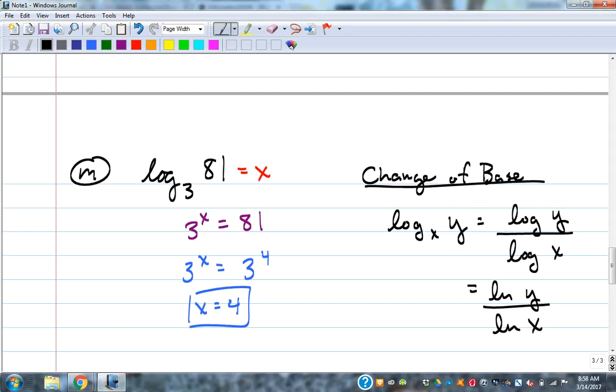At one point, we had calculators that didn't have nice log base things. And at a more ancient time, like when Coach Mack was in high school, they didn't have a calculator that had log buttons. They had tables in the back of the book, and the tables were built off of log base 10 stuff because we live in a base 10 number system.